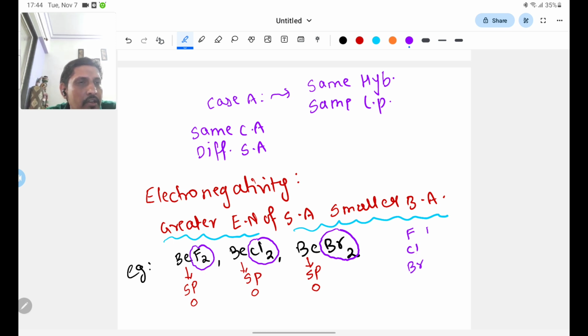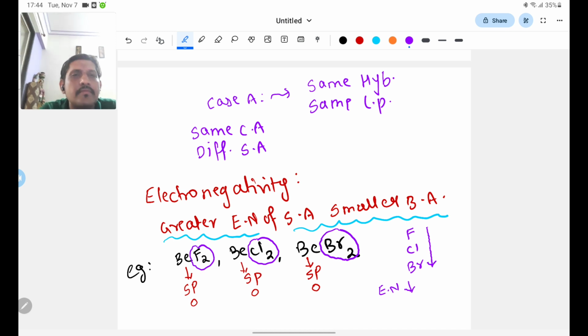And in the periodic table we know that as we move down the group from fluorine, chlorine to bromine, what will happen, students? Electronegativity decreases. And what does our rule suggest? Greater the electronegativity of the side atom, smaller is the bond angle. So smaller the electronegativity, greater will be the bond angle.